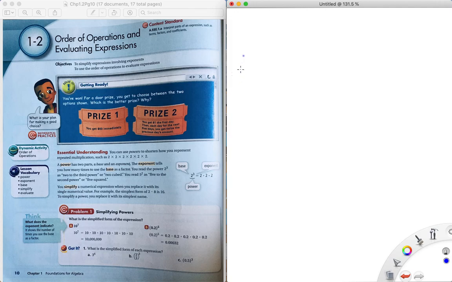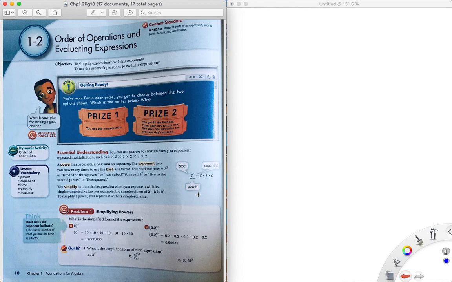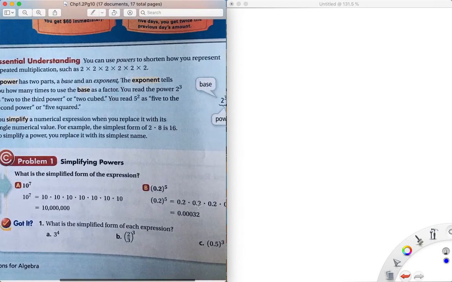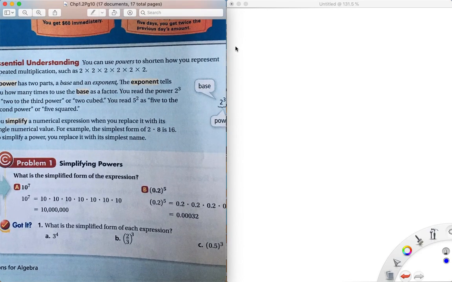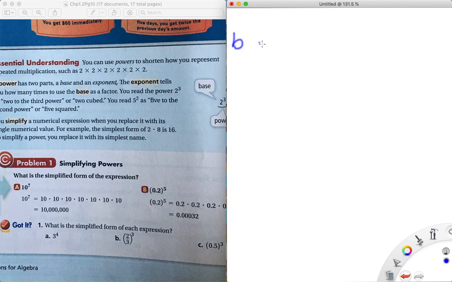So they give you down here for problem B, 2/3 to the third power. This third power applies to both the 2 and the 3.